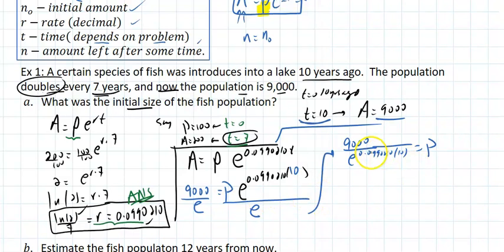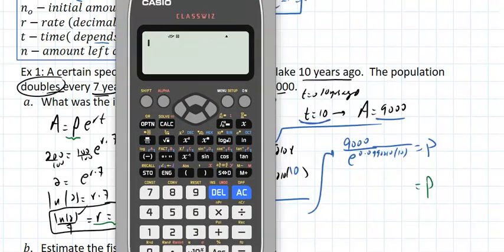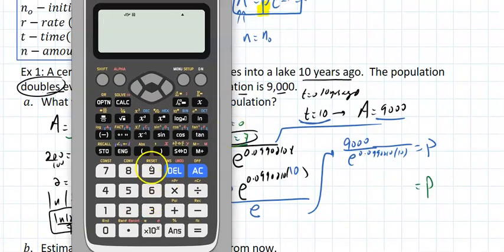When I want to figure out what this answer is, I'm going to plug it in the calculator: 9,000 divided by parentheses, the exponential, raised to the answer, instead of me writing all of that number, times 10. The calculator tracks the last thing that we did. That's always the case. And that's the nice thing about a scientific calculator.